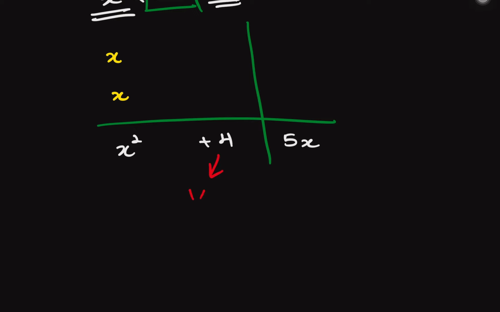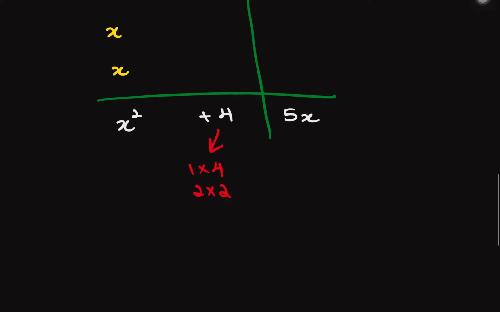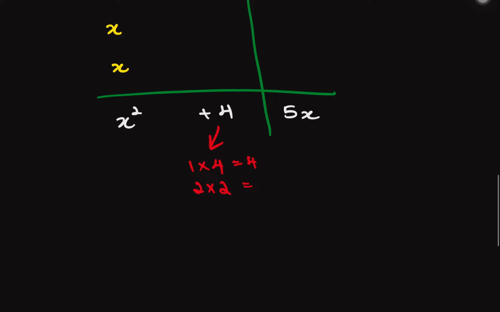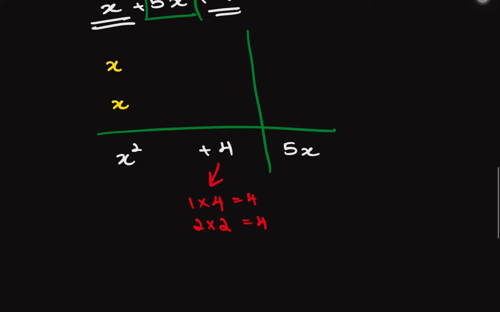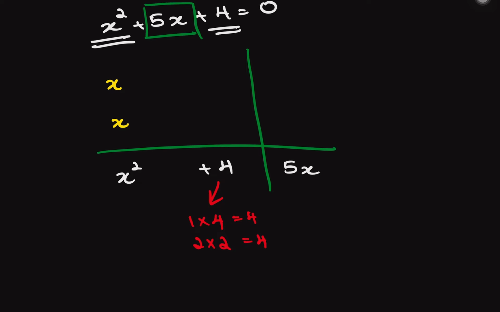Firstly, we can have 1 times 4, we can have 2 times 2, and both of these will be equal to 4. So let's try out positive 1 and positive 4, and we cross multiply it.